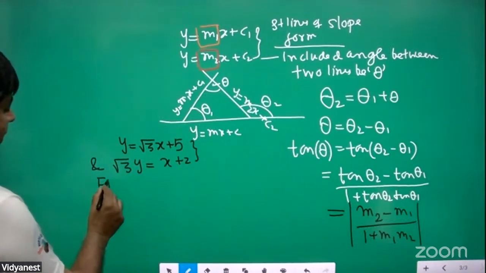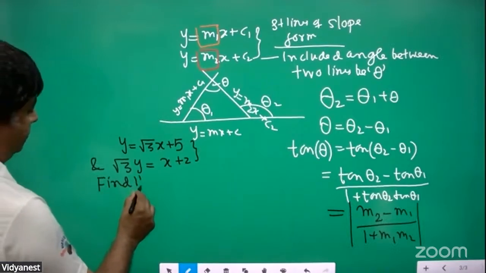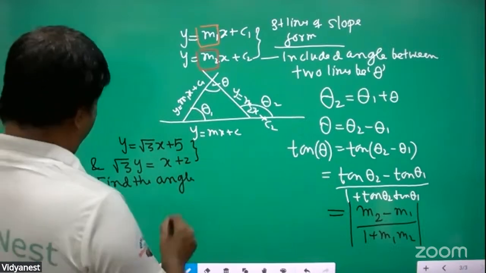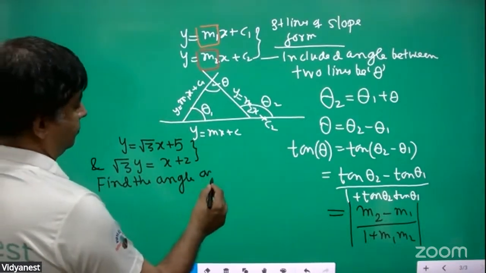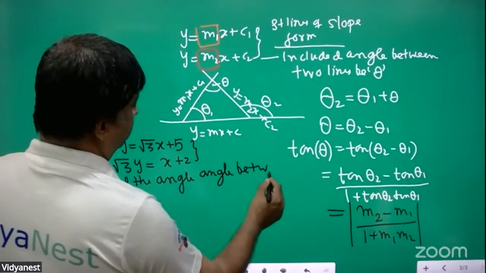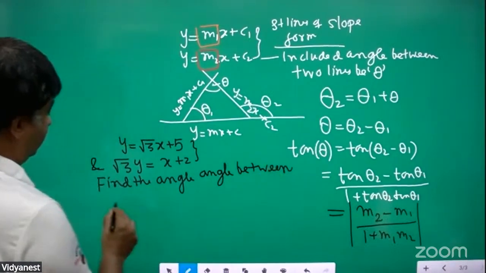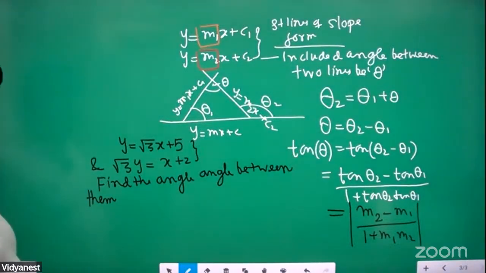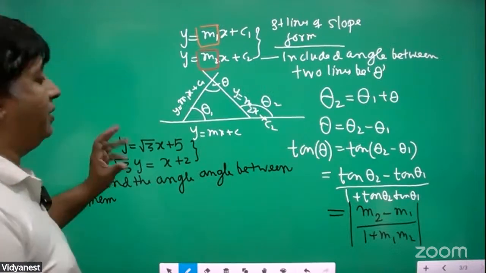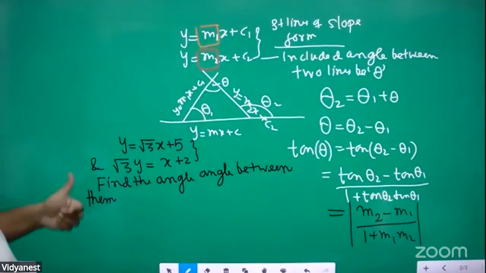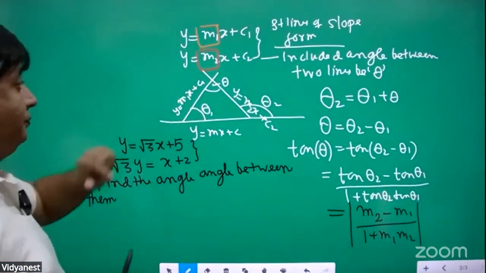You are told to find the angle between them. So first our role is to put both the lines in slope form.